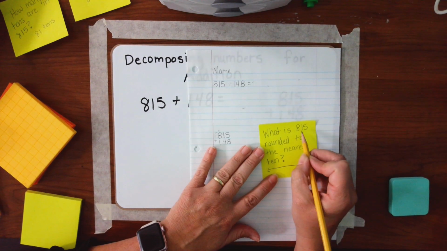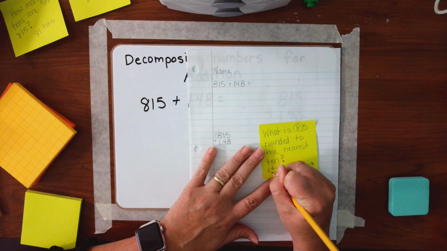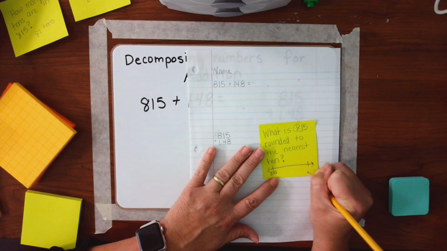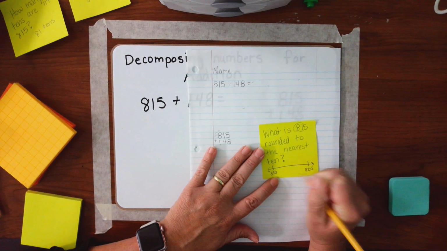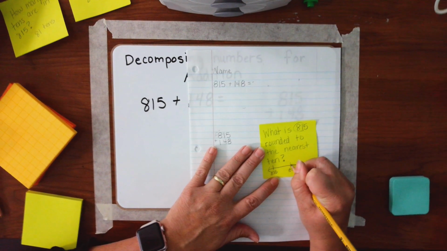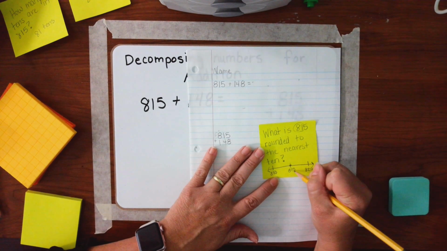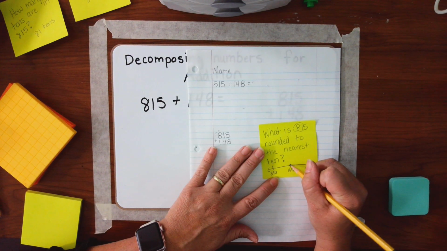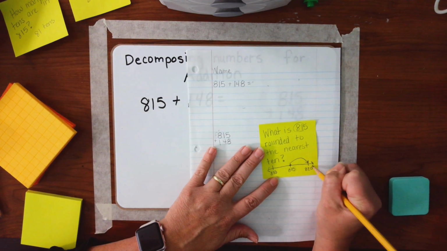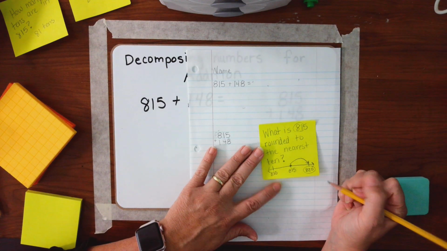You know, tens, there's 81 tens in this, so writing that in standard form is 810. One more 10 is 820. Halfway in between those two is going to be 815. So our data point is right there on our midpoint. Anytime we've got 5 or more, it's got to round up. So therefore, you should have said it rounded to 820. Good job.